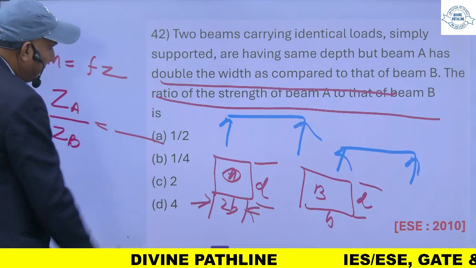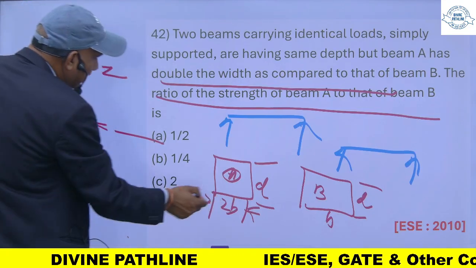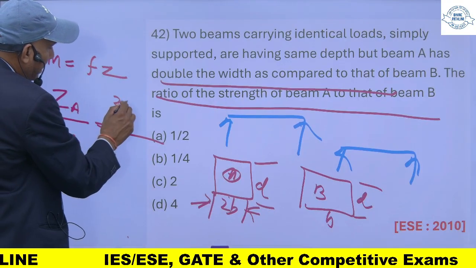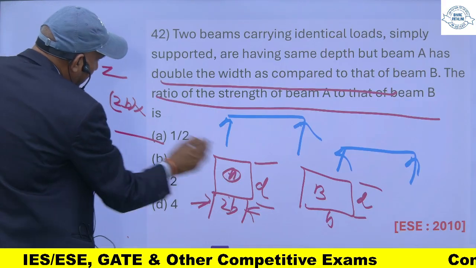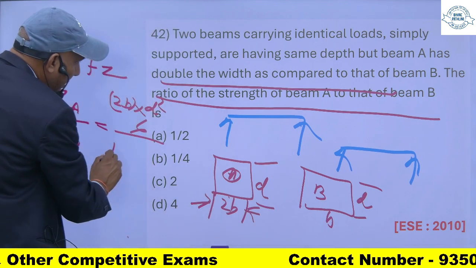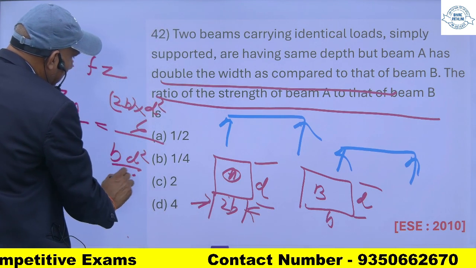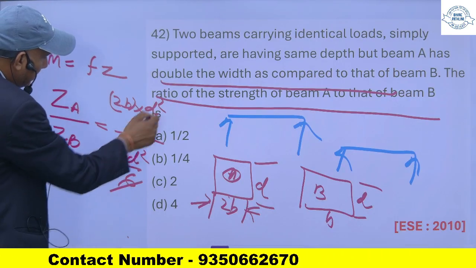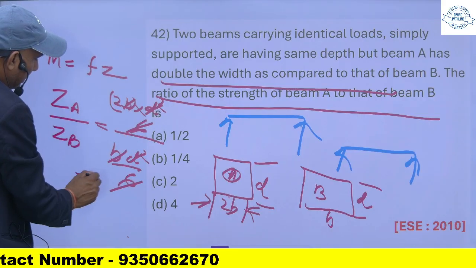Section modulus of A will be, what is the formula for section modulus? b d square upon 6. So for A it is 2b d square upon 6, and for B it will be b d square upon 6. The ratio of this is 2.